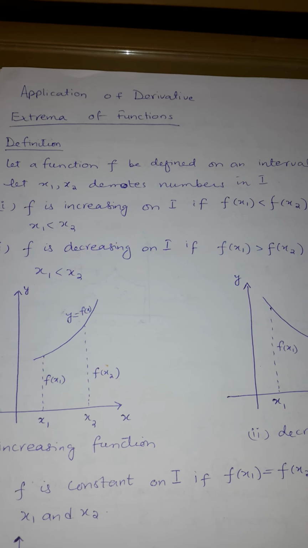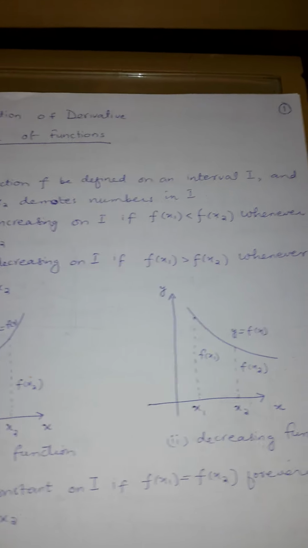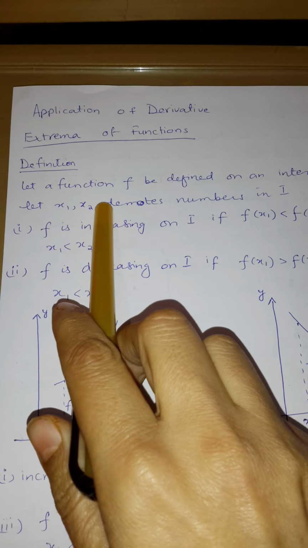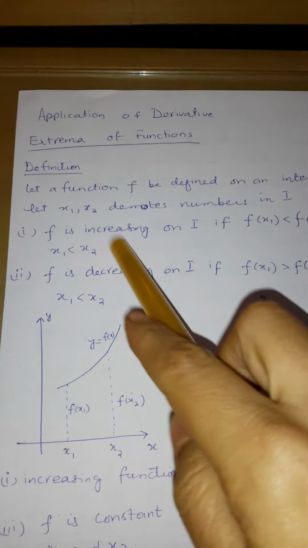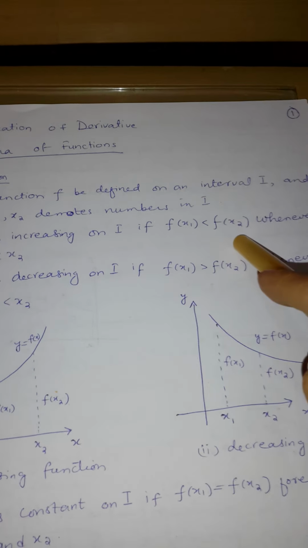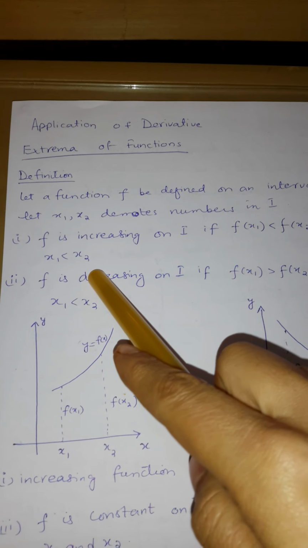Extrema of function: we define a function f on an interval I, and we take 2 points x1 and x2 from this interval I, and we say f is increasing on I if f of x1 is less than f of x2 whenever x1 is less than x2.